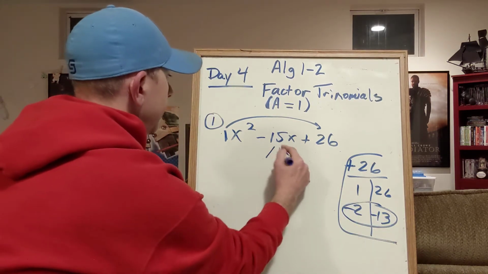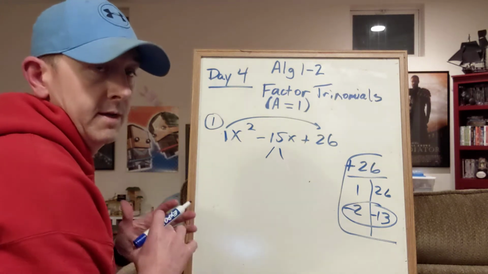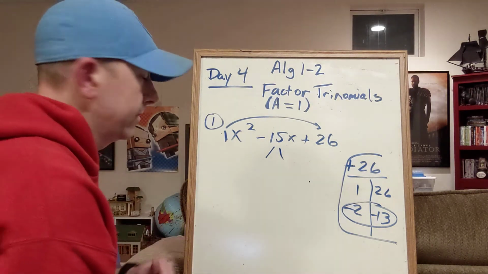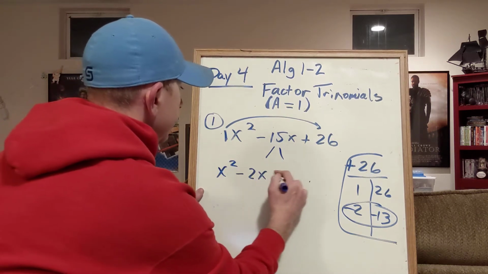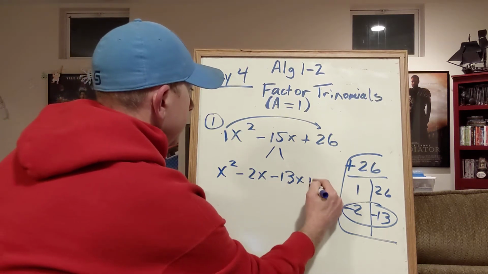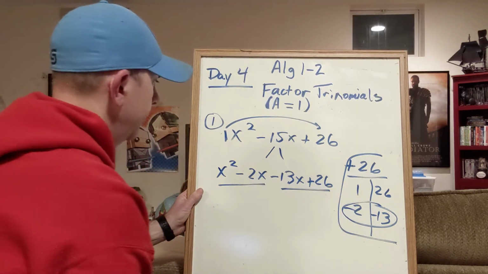So if we split this up, I'll show you the full version here on number 1, but after number 1 today, for the other 4 questions we're basically going to be done at this step. x squared minus 2x minus 13x plus 26. So we do go into factor by grouping.